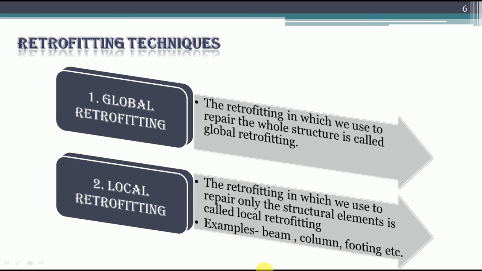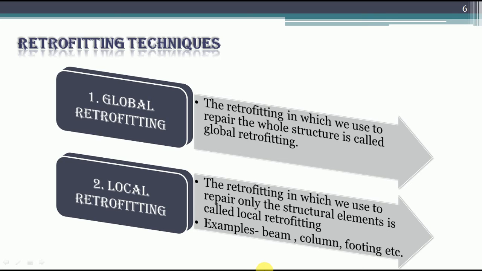Retrofitting techniques. Retrofitting technique is mainly divided into two, that is global retrofitting techniques and local retrofitting techniques. The retrofitting in which we repair the whole structure is called global retrofitting. The retrofitting in which we repair only the structural element is called local retrofitting.